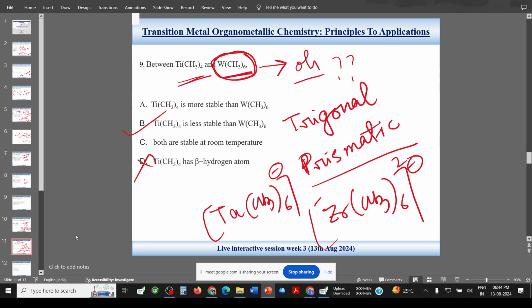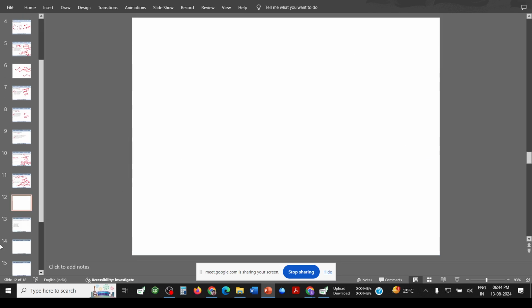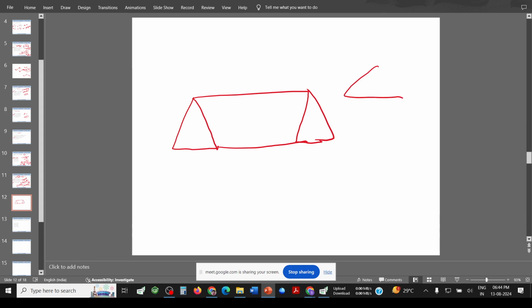So this is a very common question. You just see what the structure is. Trigonal prismatic means we have one trigonal plane and this will form a prism. It is not looking good in this way, so we can write it like this.